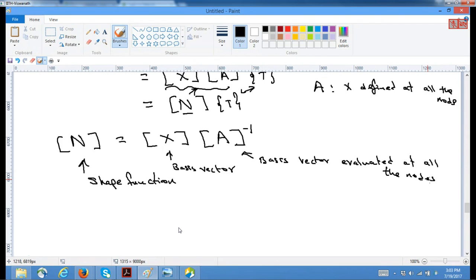You evaluate the basis vector at all the nodes and take its inverse and multiply in this manner, and you will automatically get your shape functions.